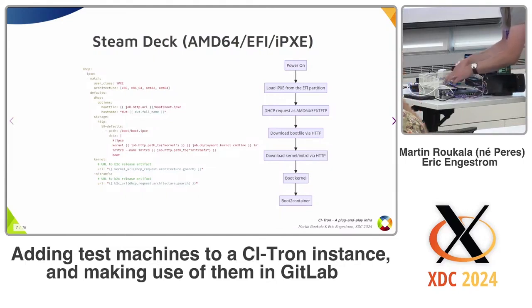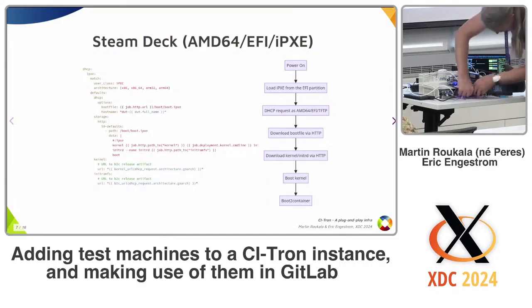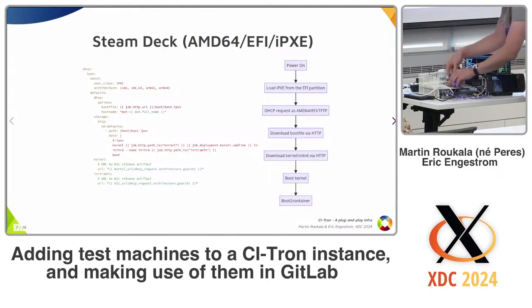From that, we're going to enter the configuration here, which is for DHCP requests with user class iPXE, which matches an iPXE request of one of those architectures. So for this, we're going to answer with this boot script from a URL. That's this tiny script that we have here with just a kernel and initramfs, which are configured here.